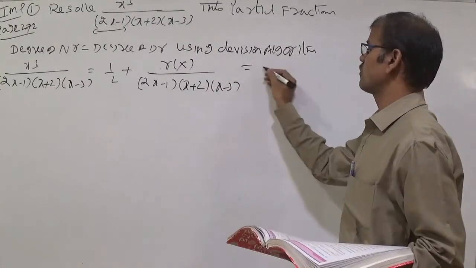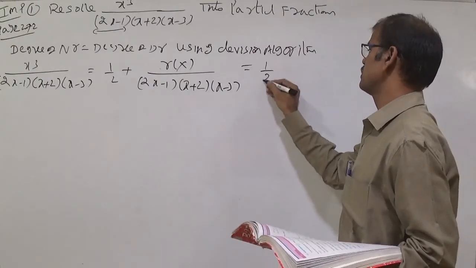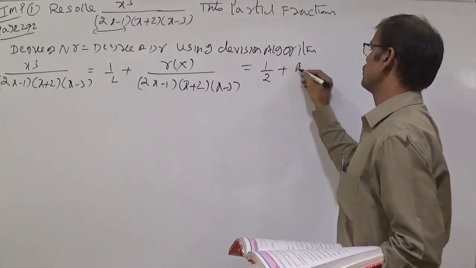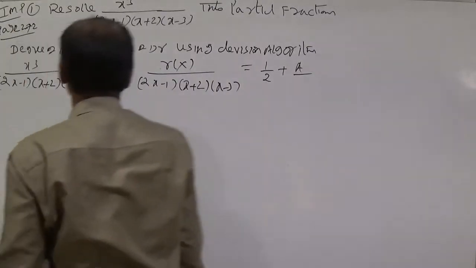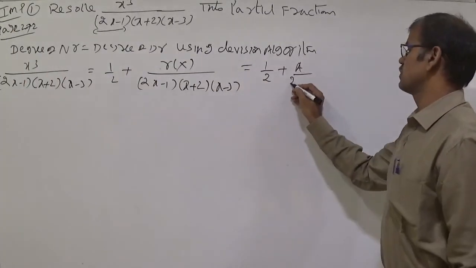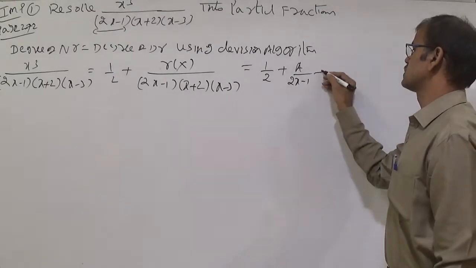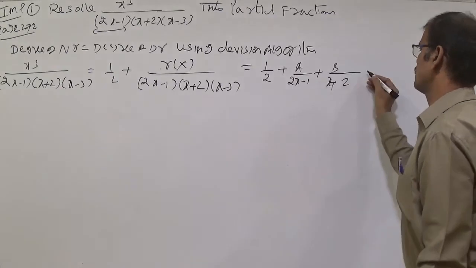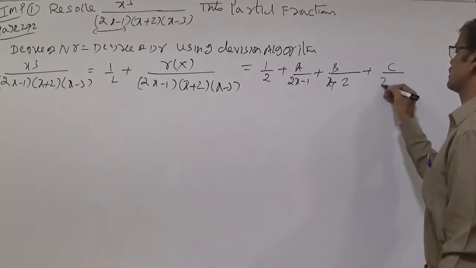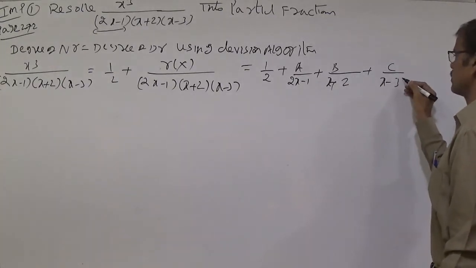So this R of x we can write as we know: A by 2x minus 1 plus B by x plus 2 plus C by x minus 3. This is the R of x.